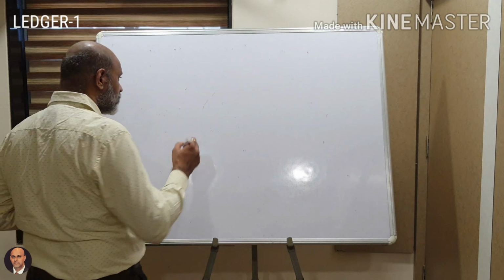There will be a date column on the right hand side also, so this will be date. Then the next column is known as a particulars column. There will be a particulars column on the other side also. This is particulars.